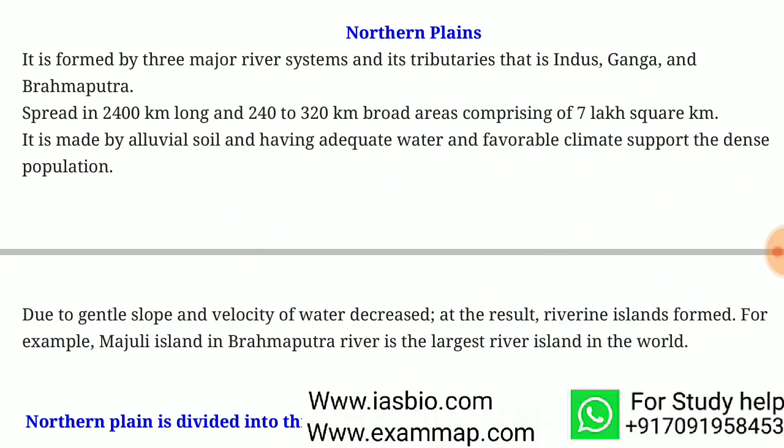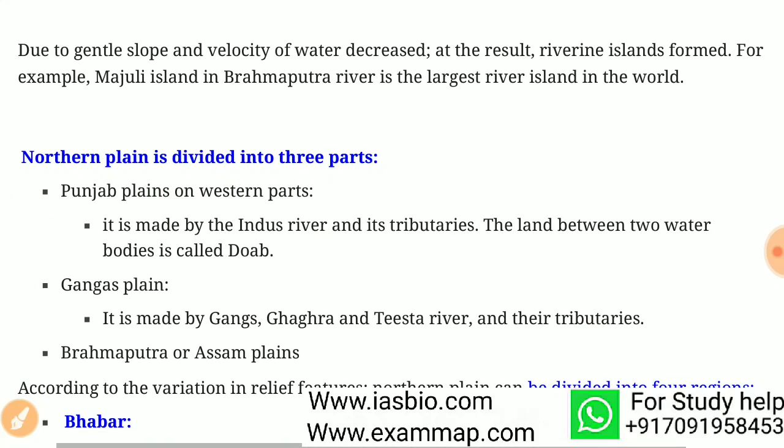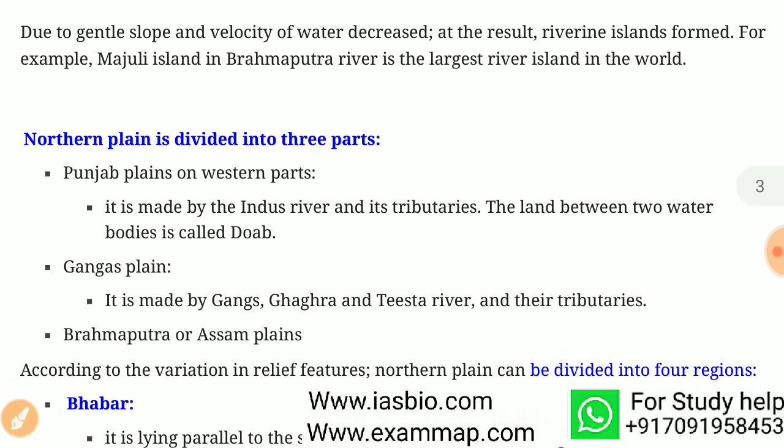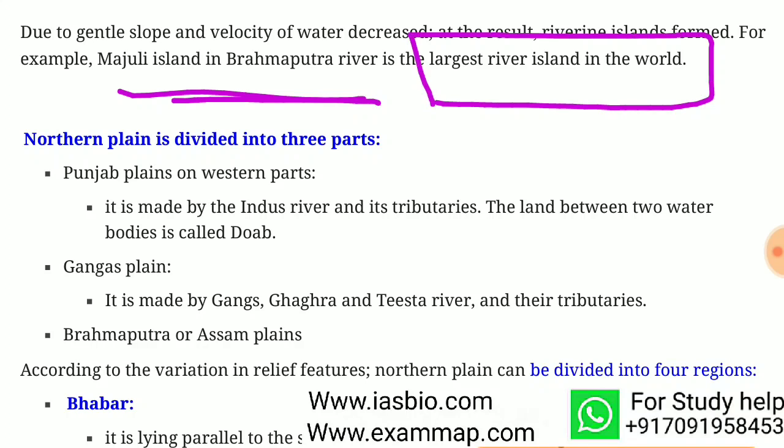Due to the gentle slope, the velocity of water decreases, and as a result riverine islands are formed. For example, Majuli Island in the Brahmaputra River, which is the largest river island in the world. Northern plain is divided into three parts.